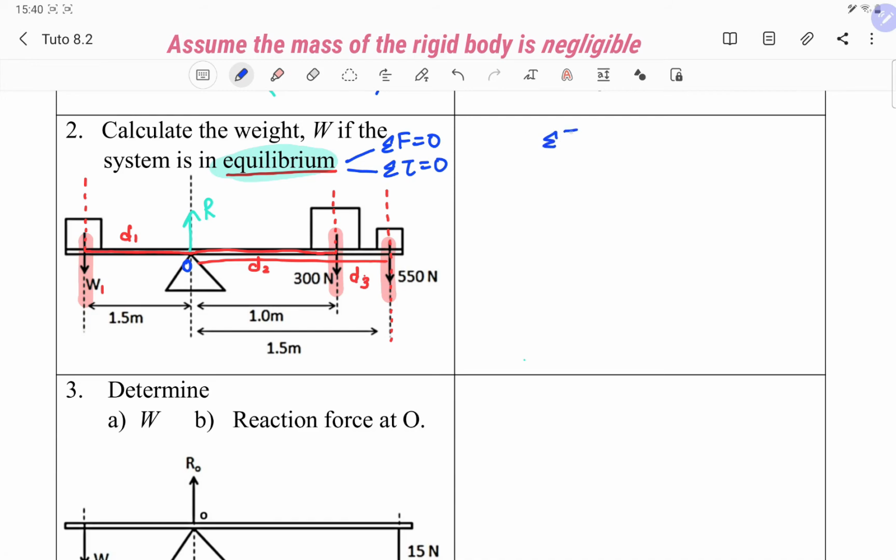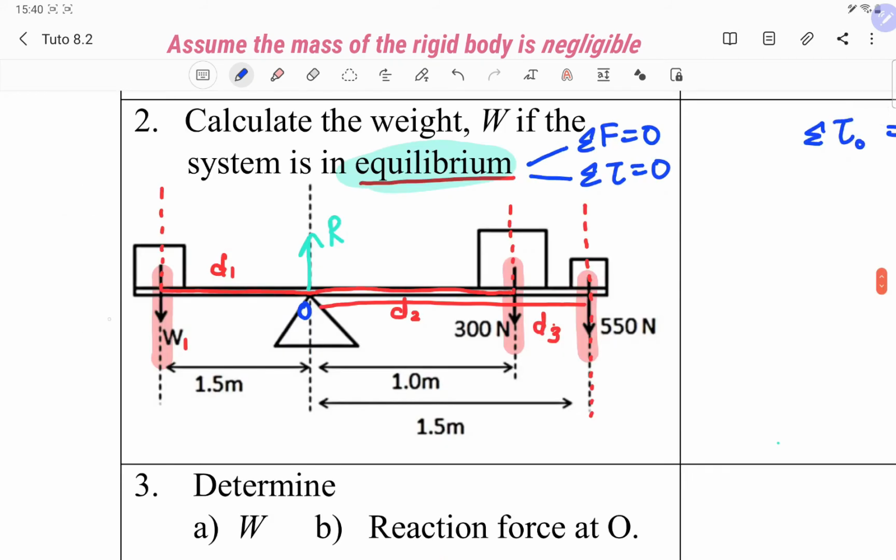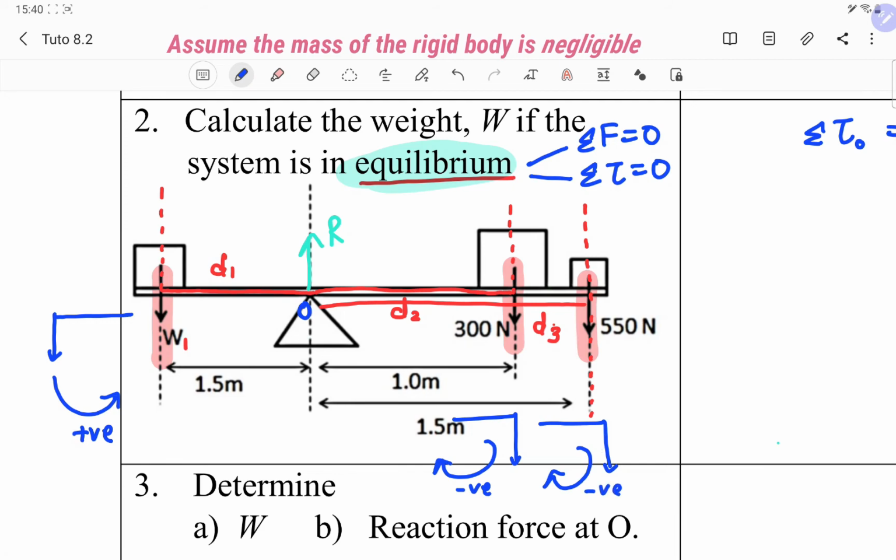We can write summation of torque about point O is equal to 0. If we look at the diagram, we have D and then F going down, so this is anti-clockwise rotation, positive. This one for 300 Newton going down, D is here, so the rotation is clockwise, negative. The same goes for the 500 Newton. This is the D, so the rotation is clockwise, negative.